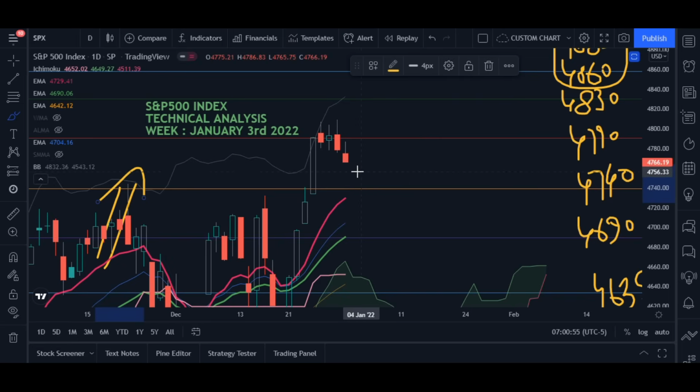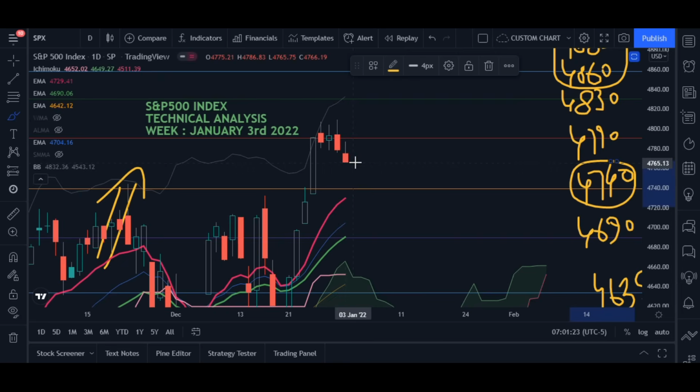Now let's see what is going to happen in the coming week. First, you can expect the market to come down further, probably on Monday or Tuesday. As I've been telling you for the last couple of weeks, 4740 is acting as a critical resistance and critical support.